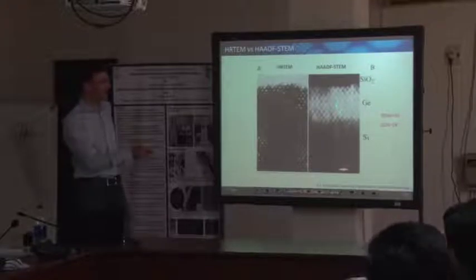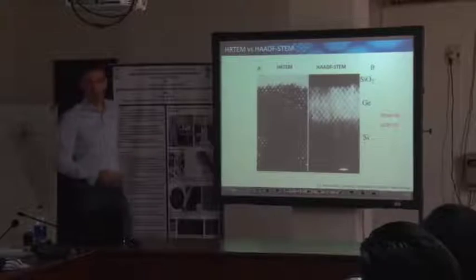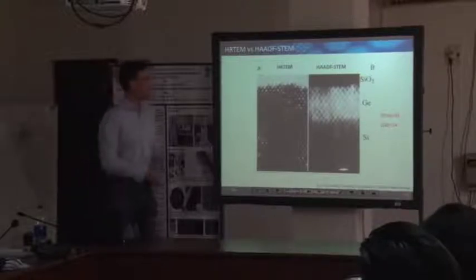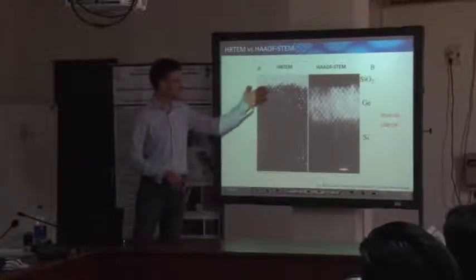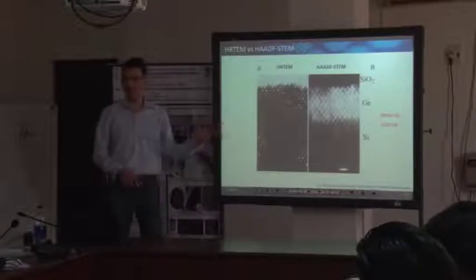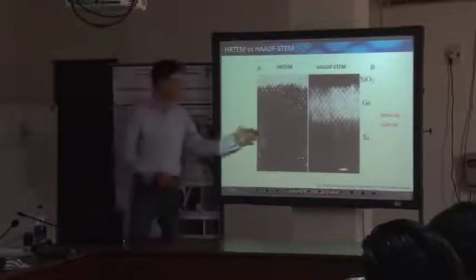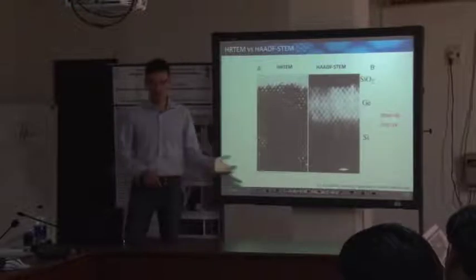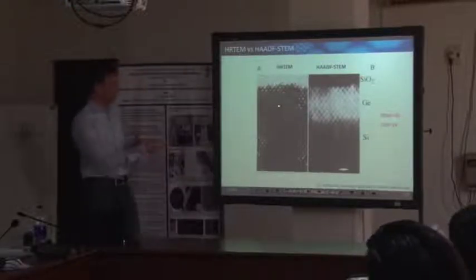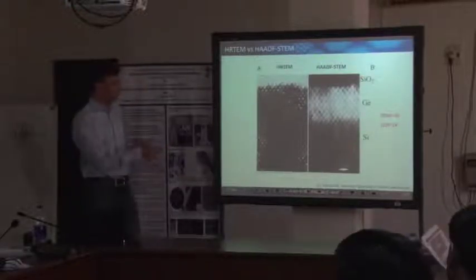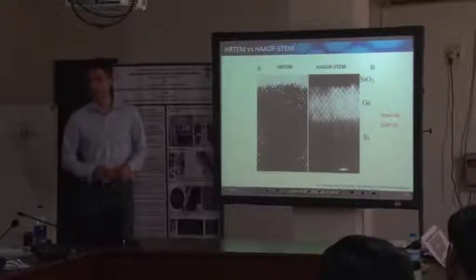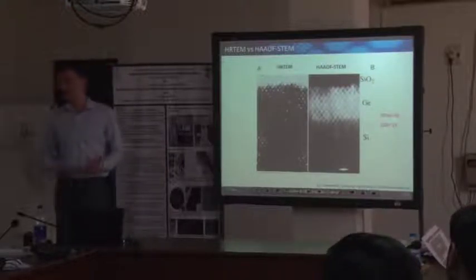This is a germanium film on silicon, with a silicon oxide capping layer. While you hardly see any variation by HRTEM, due to the imaging process and the phase shift by the germanium and the silicon, you can clearly see those differences in the STEM image.